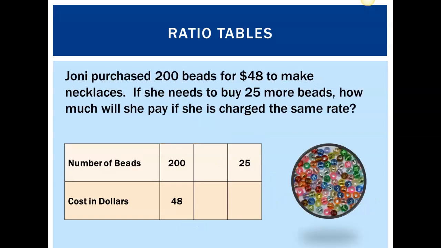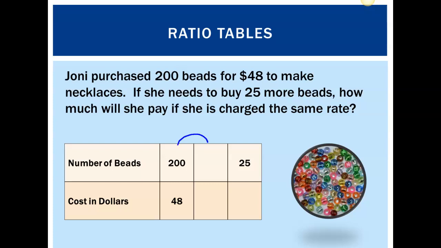Joni purchased 200 beads for $48 to make necklaces. If she needs to buy 25 more beads, how much will she pay if she is charged the same rate? When you're given a ratio table, sometimes there will be squares in it that you don't need to use. One way we could approach solving this problem is to simplify the fractions. There are different ways that you could do that.